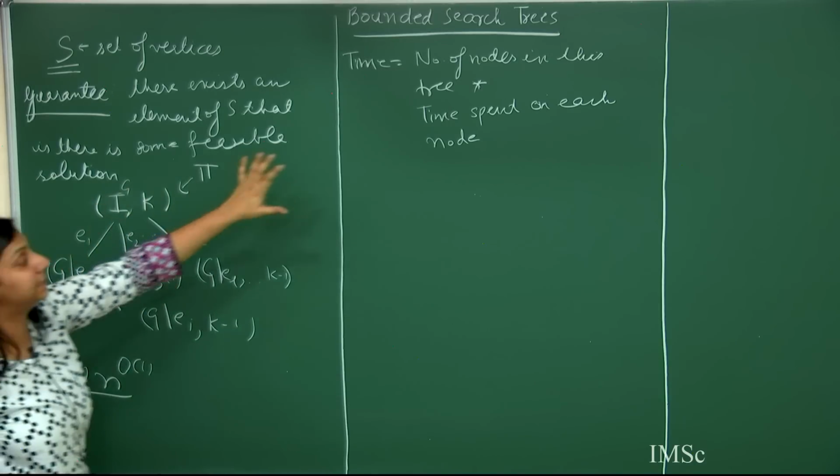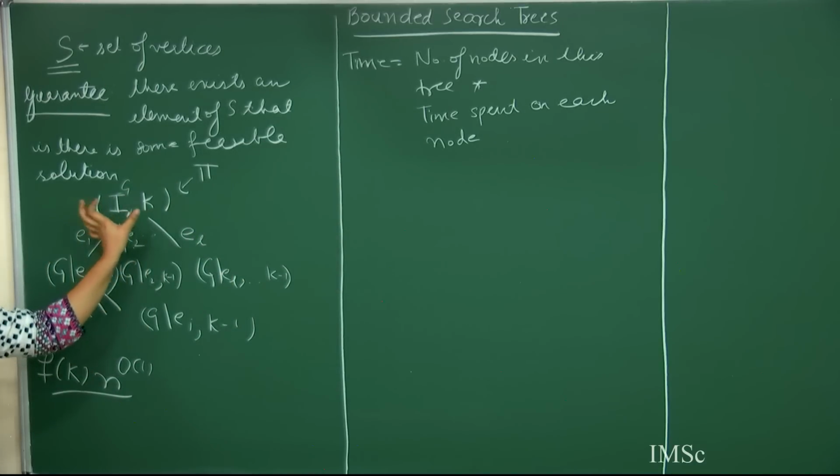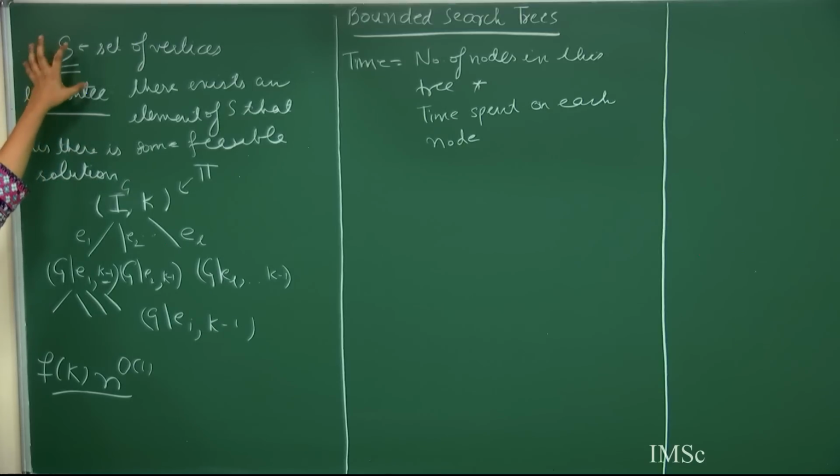So the time for this node will be proportional to the time spent on finding such an S. And as I said, you stop branching when you get to a trivial node. So all the leaves are trivial nodes.